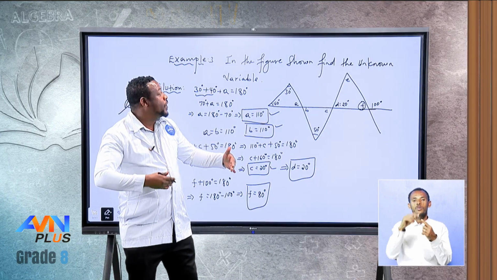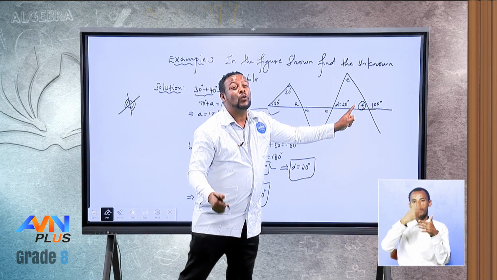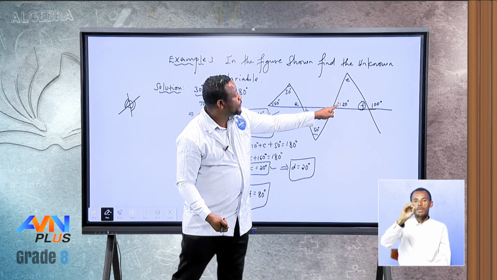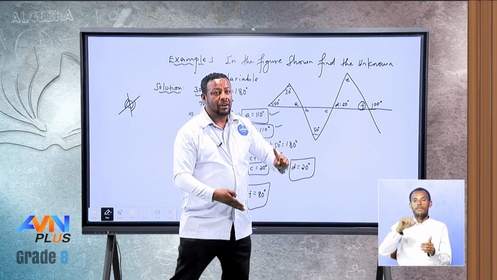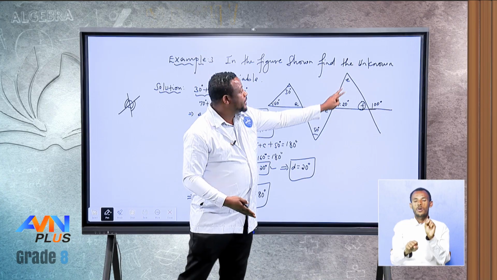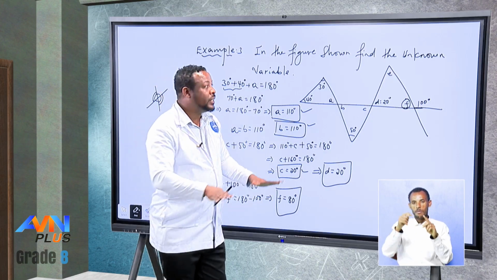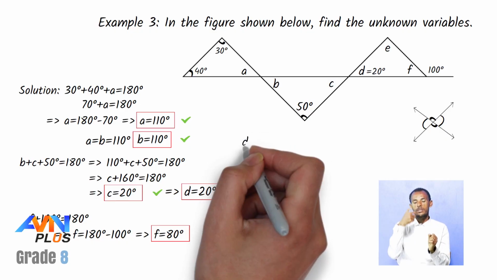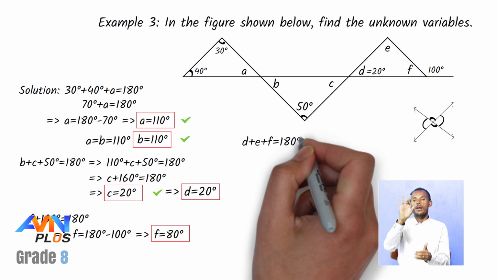To find the value of E, we already have F, which is 80 degrees, and D, which is 20 degrees. Since these three angles form the interior angles of a triangle, you can say that D plus E plus F is 180 degrees, right?